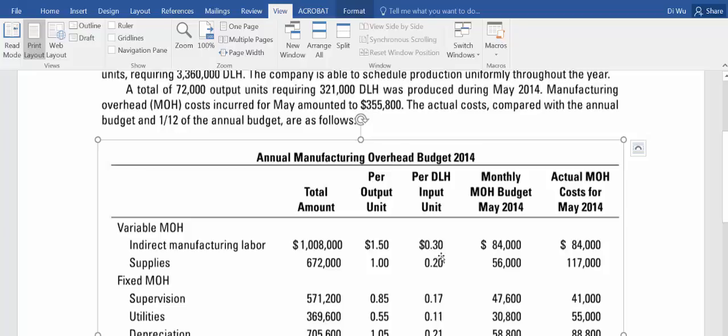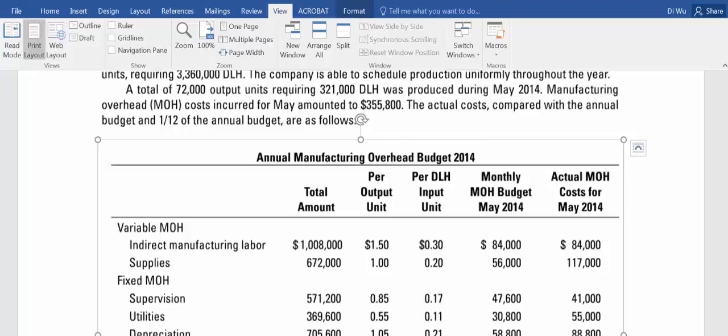That will answer for the variable manufacturing overhead. So that's the budgeted rate. Once again, the first four columns are completely from your budget, and the last one is from your accounting records during May 2014.